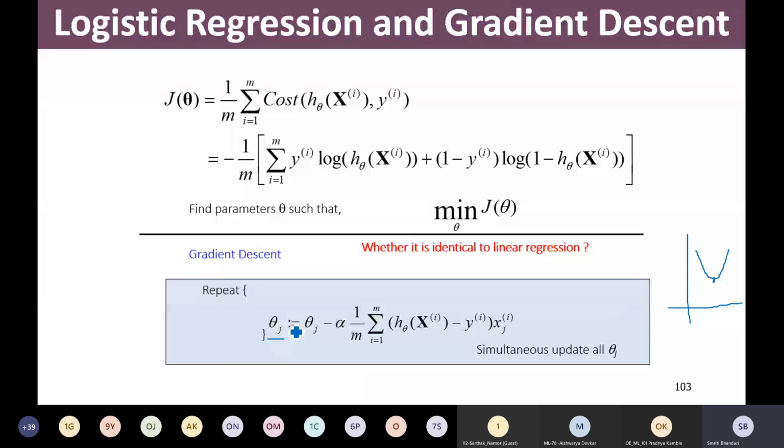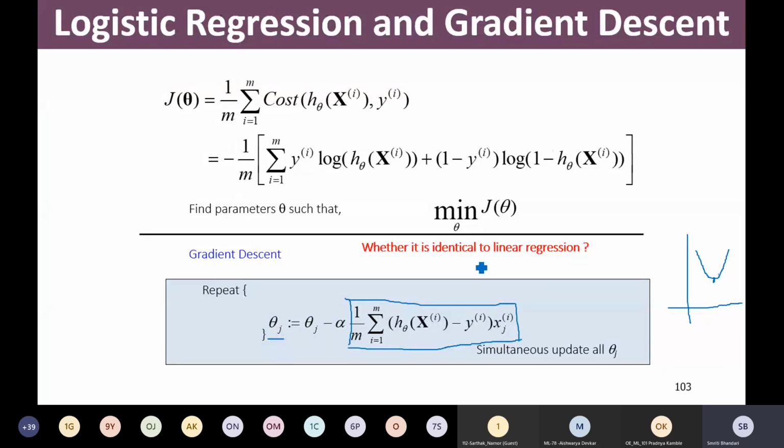Now, in gradient descent, the derivative of g of theta is similar to that of linear regression. We computed the partial derivatives of j of theta, and they are the same in both cases, linear regression as well as logistic regression.